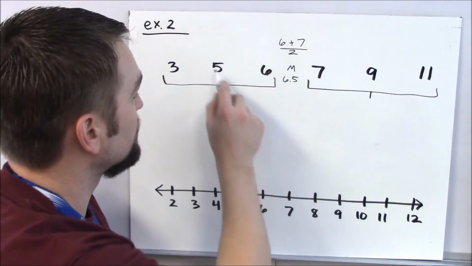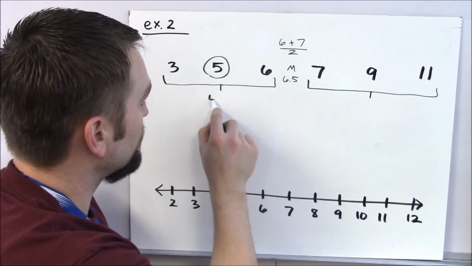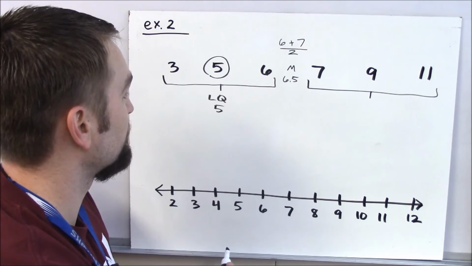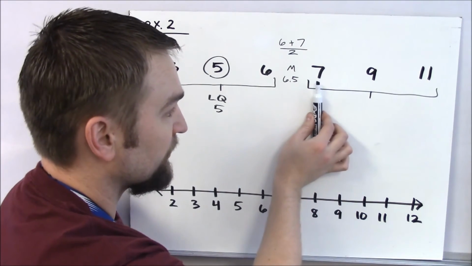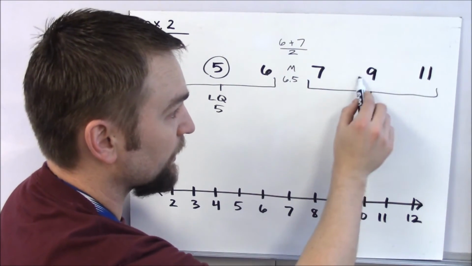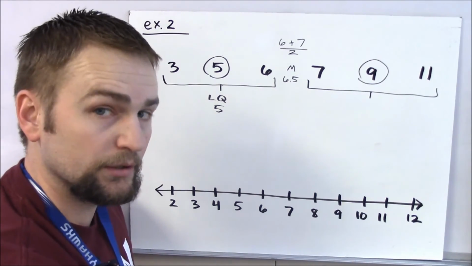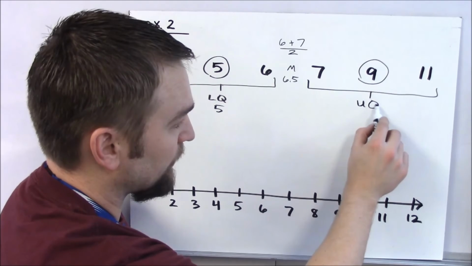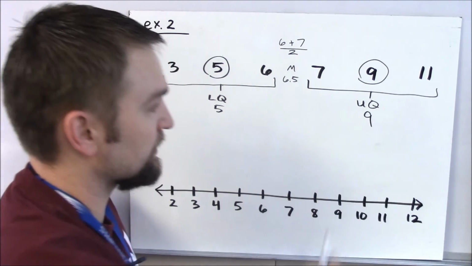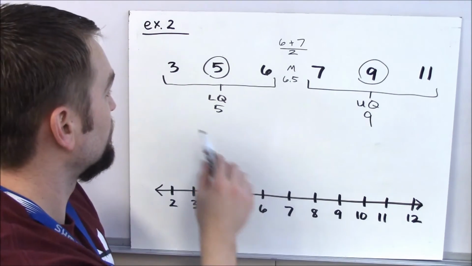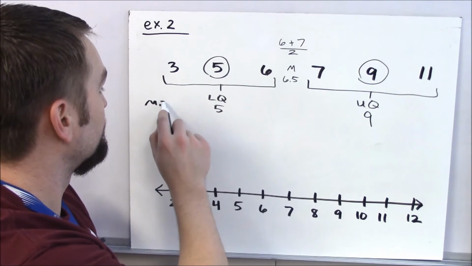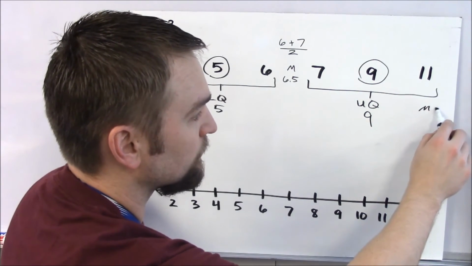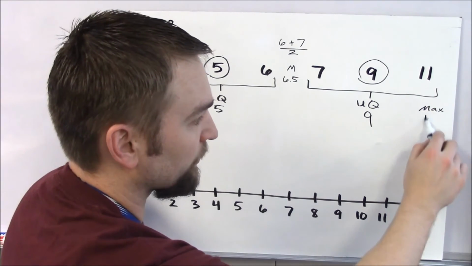The median is 5, so my lower quartile is 5. The upper half, 7, 9, and 11. My middle number is 9, so my upper quartile is 9. Now my minimum was 3, and my maximum was 11.